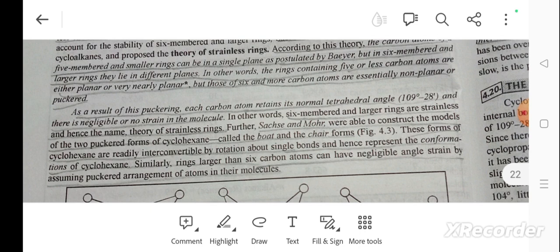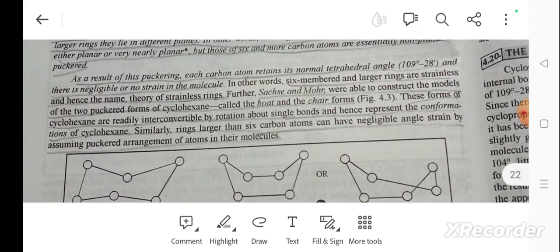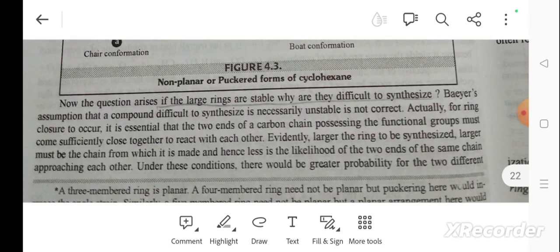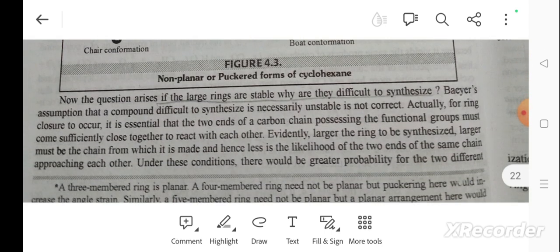Similarly, rings larger than six carbon atoms can have negligible angle strain by assuming puckered arrangements of atoms in their molecules. Now this question arises: if the large rings are stable, why are they difficult to synthesize? The assumption that a compound difficult to synthesize is necessarily unstable is not correct.